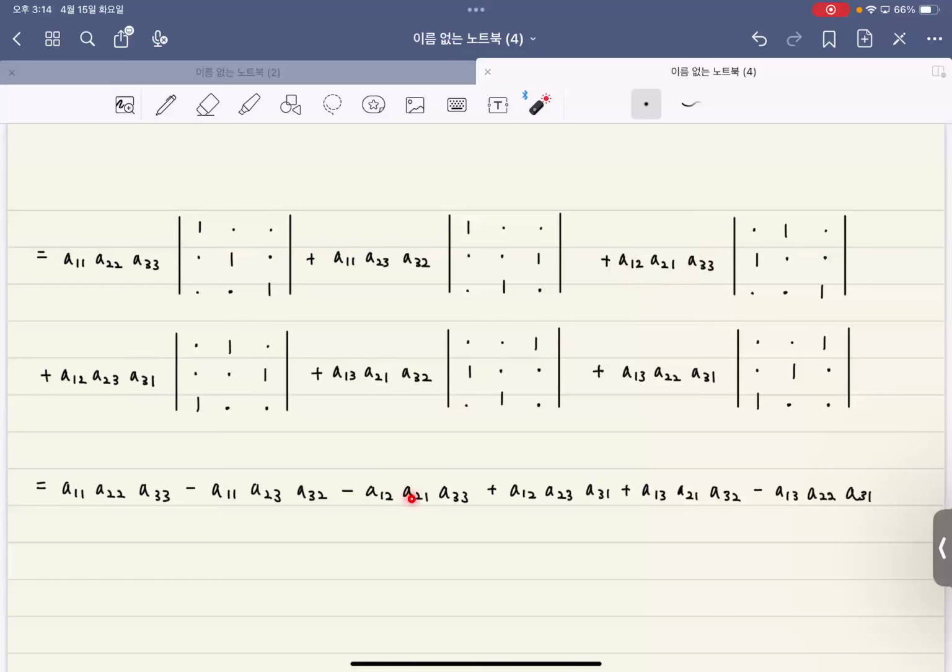This guy over here is -1, so there is a minus sign here. This is +1, this is +1. So these 2 guys carry over with the same signs. And this guy over here and here, -1. So this is the formula for the determinant of the 3x3 matrix.